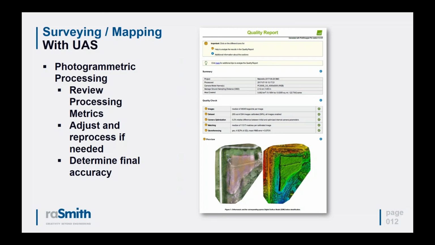The only way to really check that is to have some other way to capture measurements of that same surface with a different instrument, and then compare that on the back end.